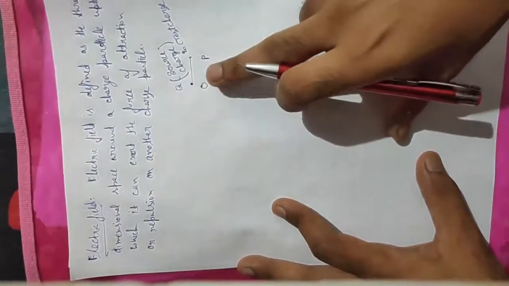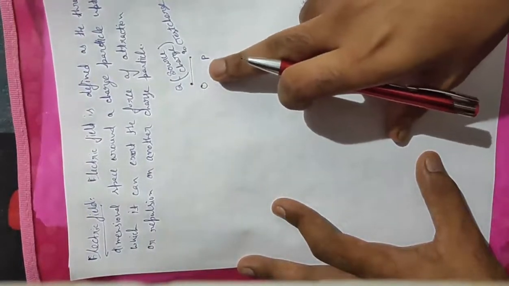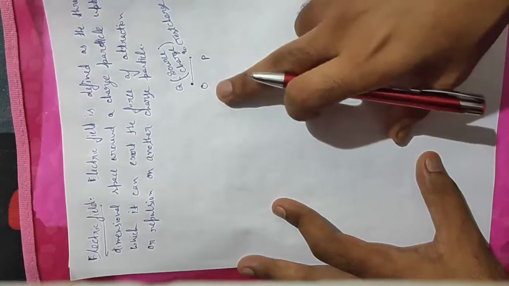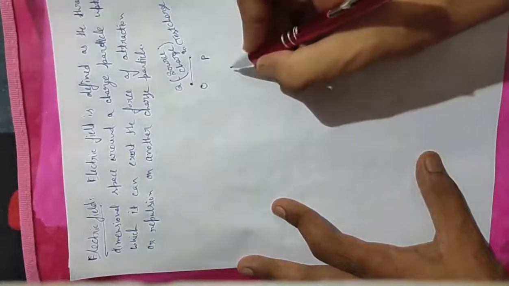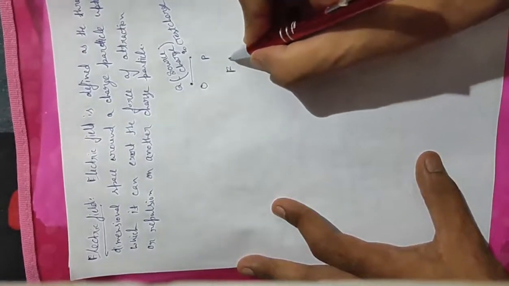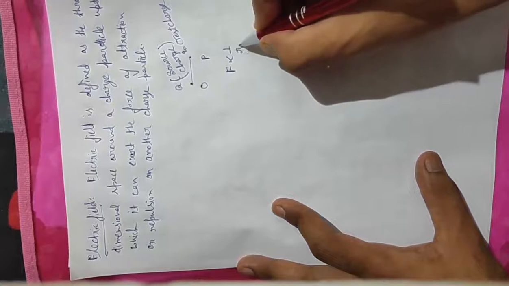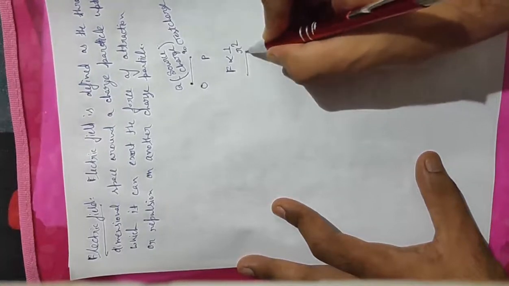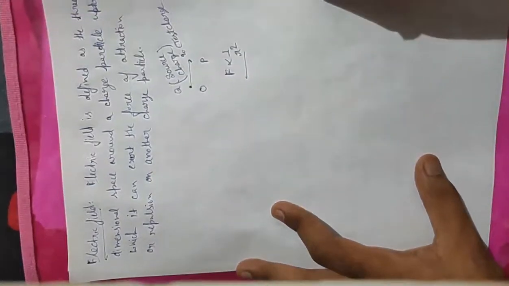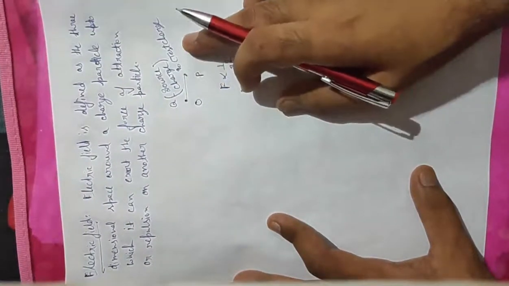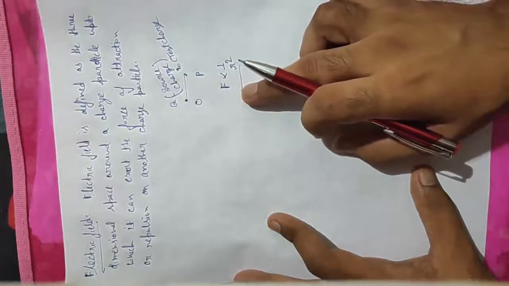According to Coulomb's law, there will be a force of interaction between these two charged particles, and the force is inversely proportional to the square of the distance between them. As we move this test charge away from the source charge, the force of interaction decreases.